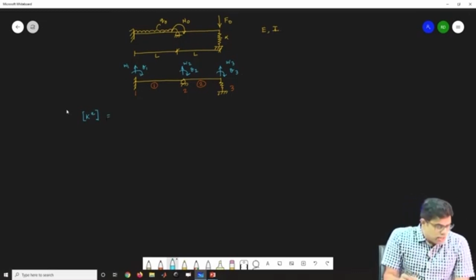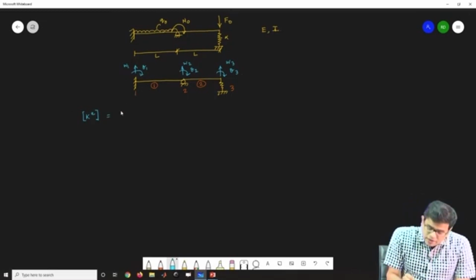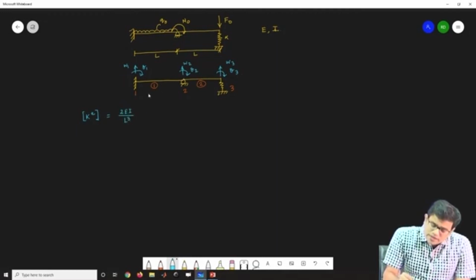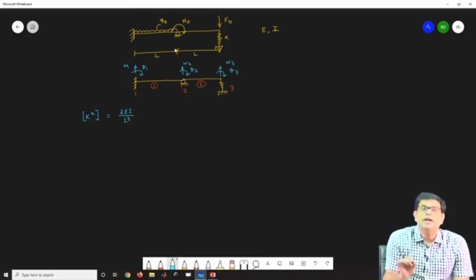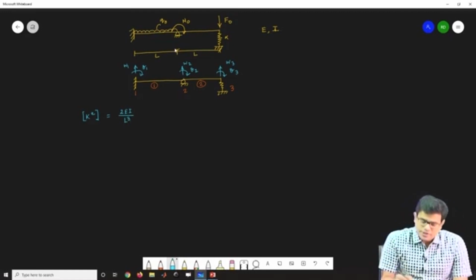Now, if I write it again, this is 2EI by L cube, since the length of each element I have taken as L for simplicity.